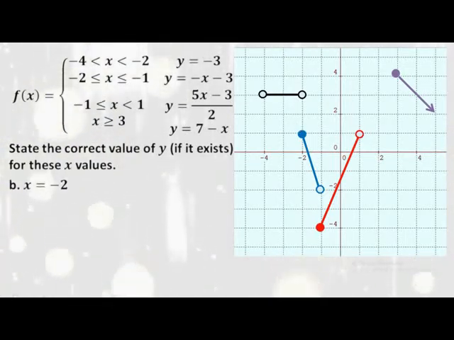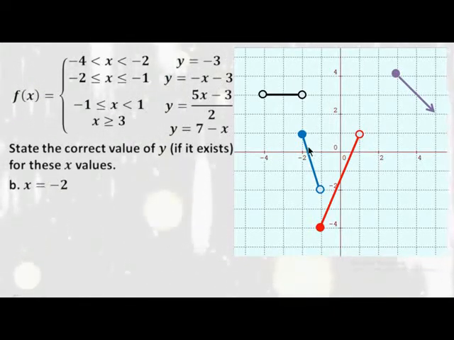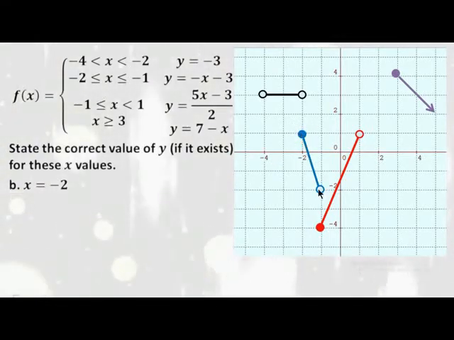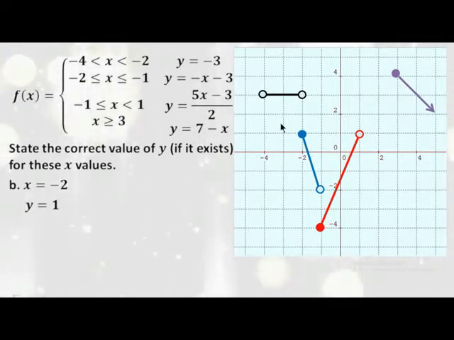Since negative 2 is the edge of both lines, we only use the edge that is filled. So in order to find the value of y, we use this equation. So if x equals negative 2, the value of y equals 1, as you can see here.